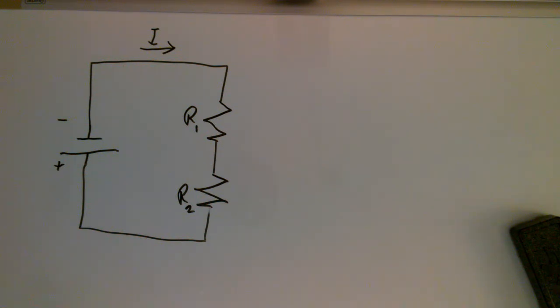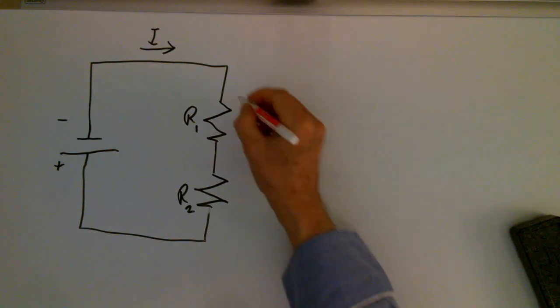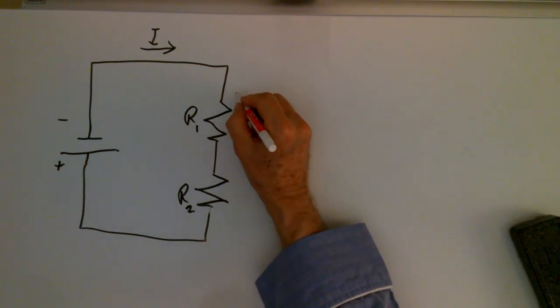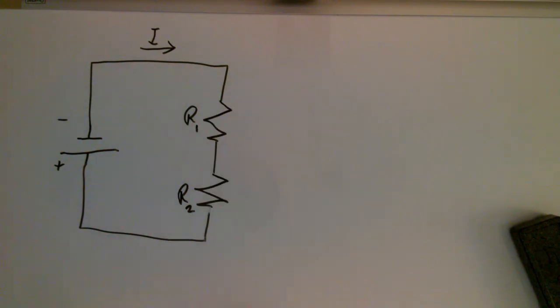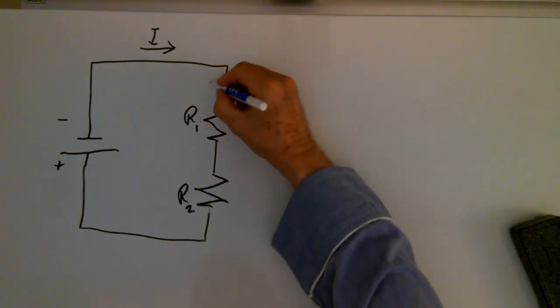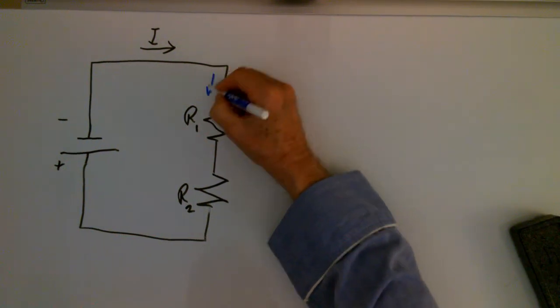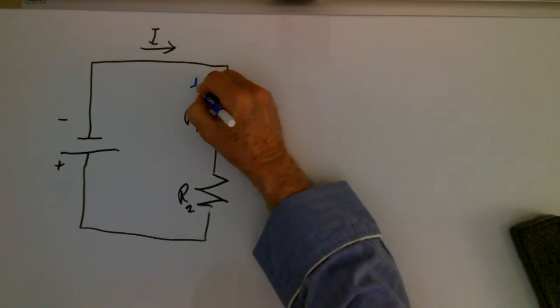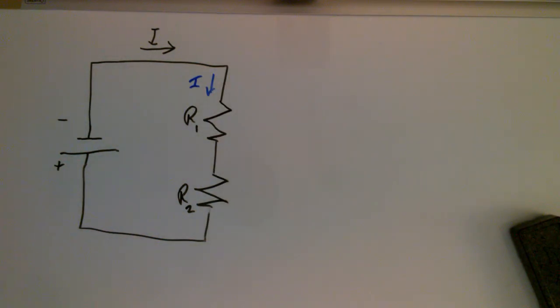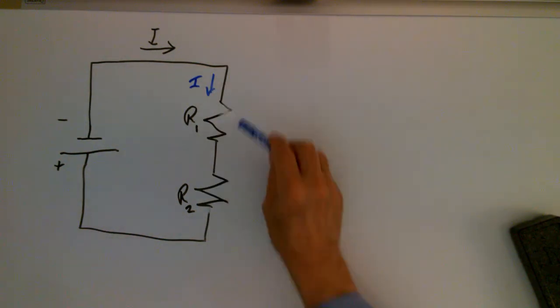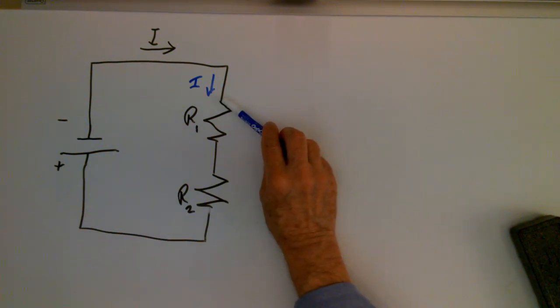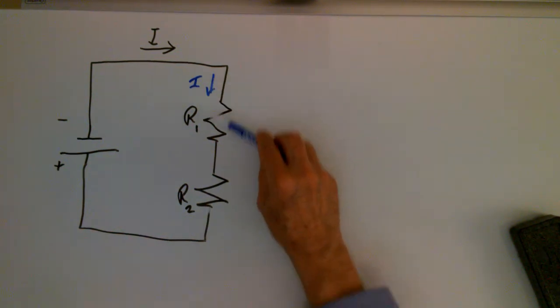And since the resistors are opposing that current flow, we say that the polarity of the voltage drop, and let me slow down here just a little bit, I've got current flowing in this direction, and we say that the polarity of the voltage drop will be negative at the end of the resistor at which current enters.